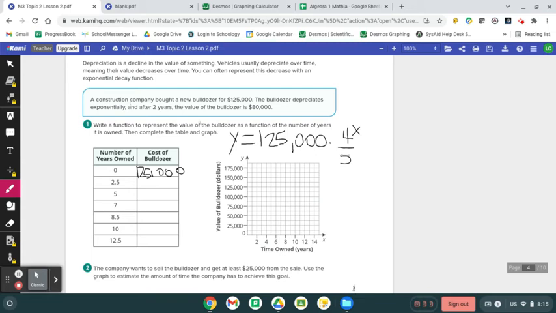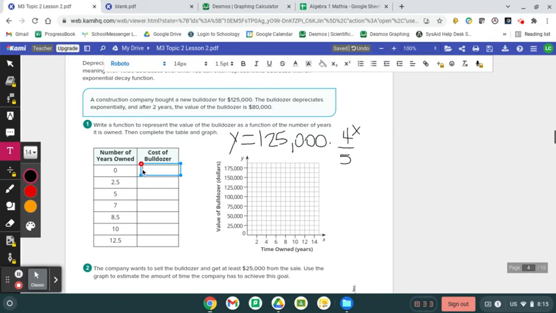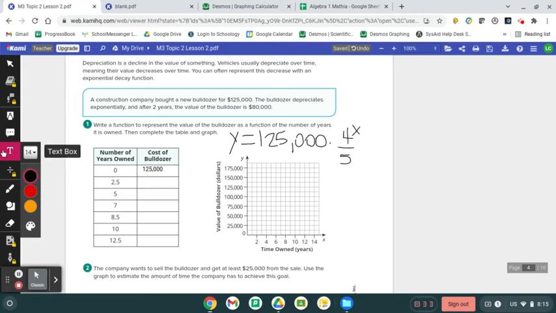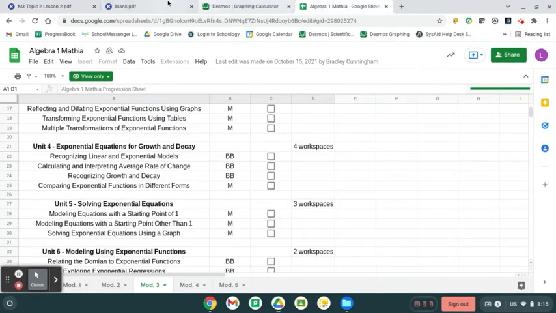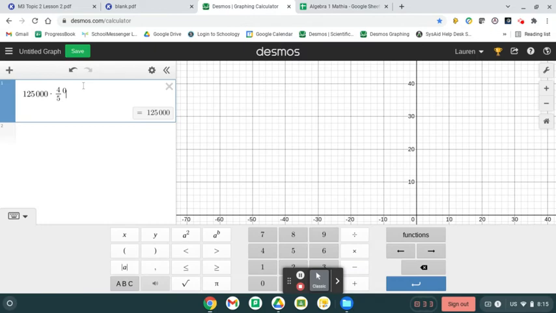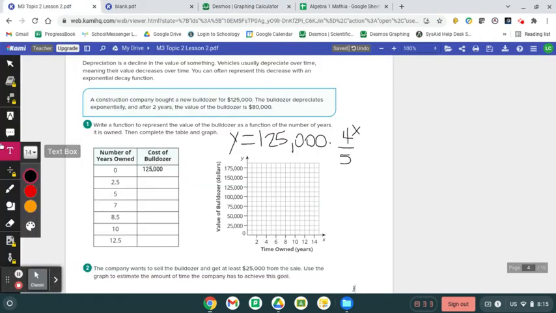Maybe I should try that. All right, and then we can put 2.5 up here. Gives us 71,554.